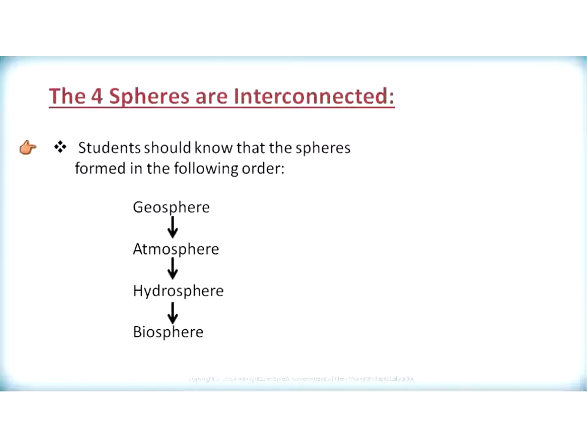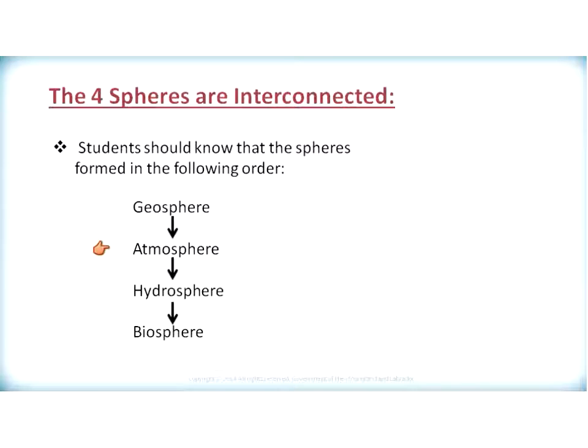When we look at the formation of the 4 spheres, and the 4 spheres are interconnected very closely, we see that the order in which the spheres formed in geologic history would include the geosphere forming first. As the geosphere segregated, volcanic outgassing released gases from inside the Earth. This formed the atmosphere.